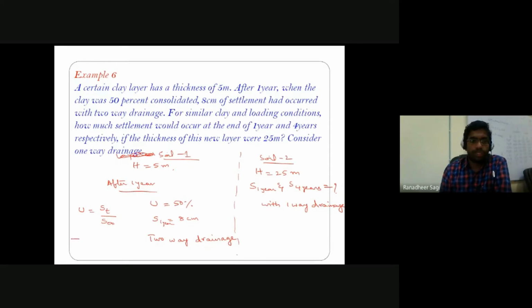So how much would be the final settlement in soil 1? The final settlement in soil 1 is the settlement at any time divided by the degree of consolidation. So this is what I am discussing about soil type 1.